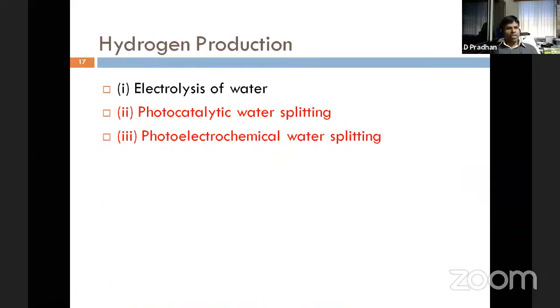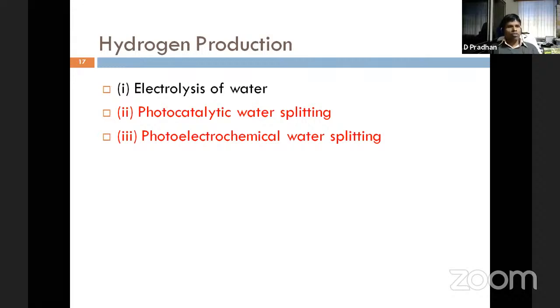Electrolysis of water can certainly be done with renewable energy, such as electricity coming from solar photovoltaics or from hydro power. But again, that is not very attractive in the sense that we are using energy that is already there, which we can directly utilize. But it has a certain advantage that you can use it for a fuel cell.